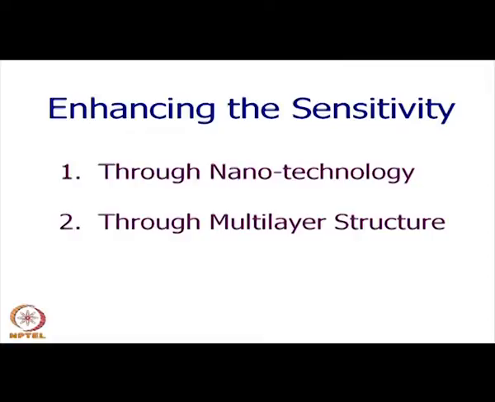Because we have seen the property is basically controlled by the surface property. So, adsorption, desorption is the surface property, and that leads to the surface conductivity and so on. So, if you can enhance the specific surface area of the material, particularly powder in this case, one can certainly enhance the sensitivity of the sensor.